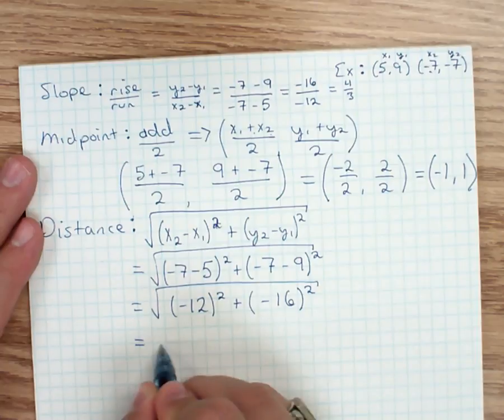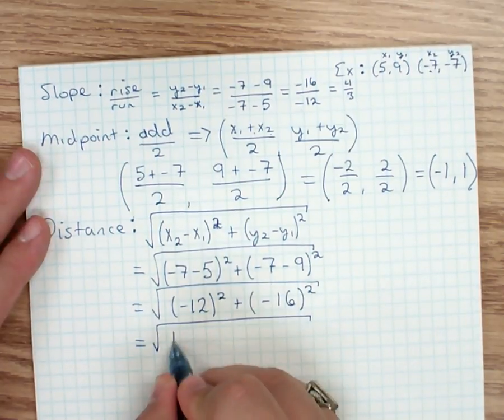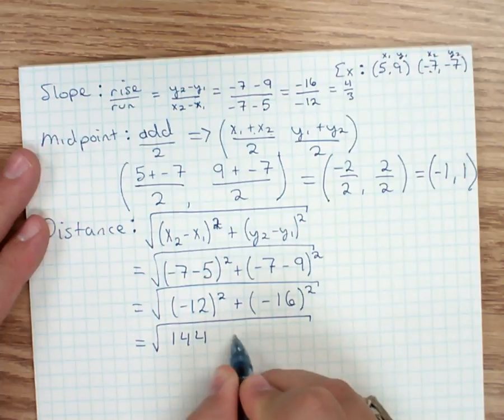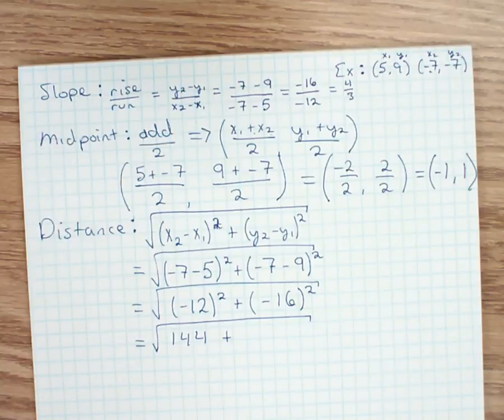Okay, so negative 12 squared, a negative times negative is a positive, so this would be positive 144. And 16 squared is going to give us 256, I think.